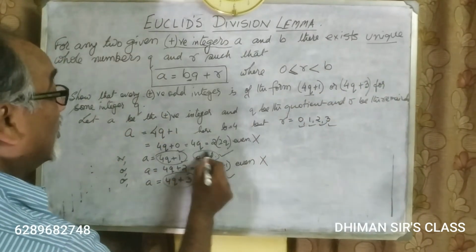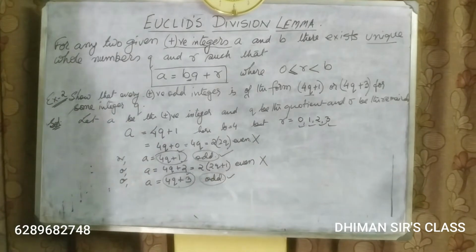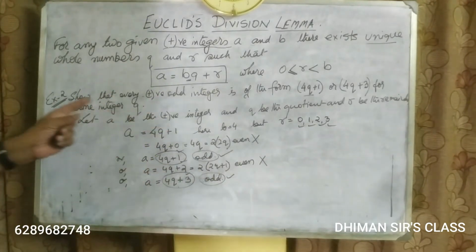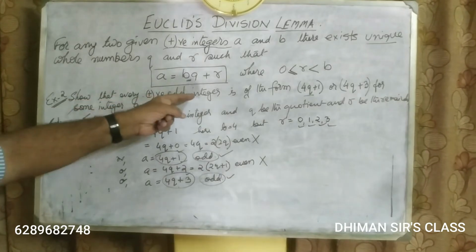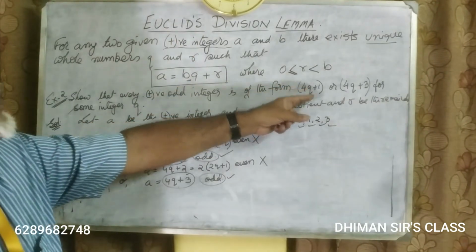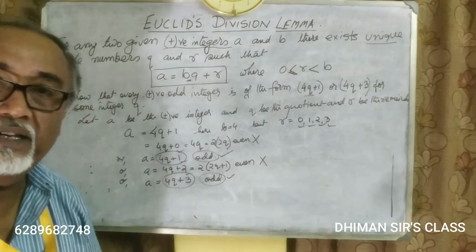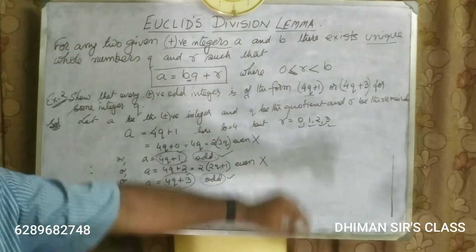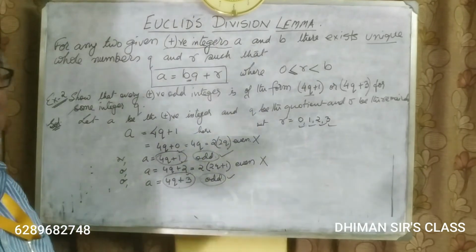Both are odd. So it is proved that every positive odd integer is in the form of 4q plus 1 and 4q plus 3. Got it, students? Copy it down, pause it, copy it down. Let's move on to the next example.